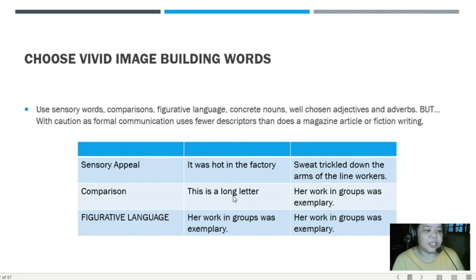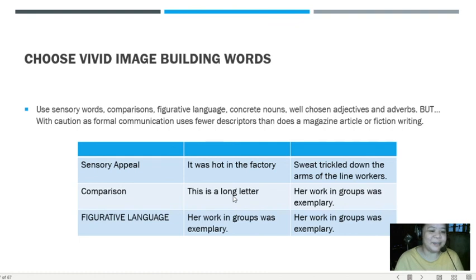Now we go to figurative language. "He works in a group. Her work in groups was exemplary." Okay, so how do we make it figurative language? You can say that she really did her best in order to bring home the bacon for the group.